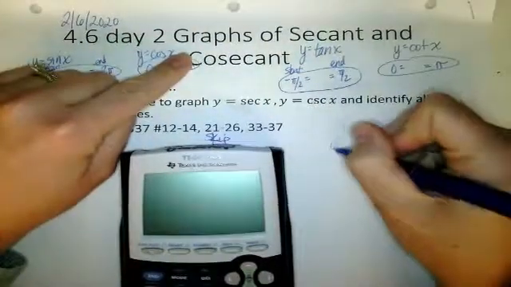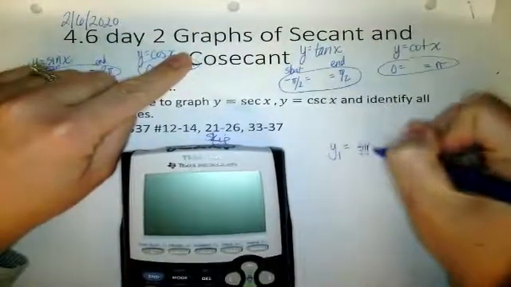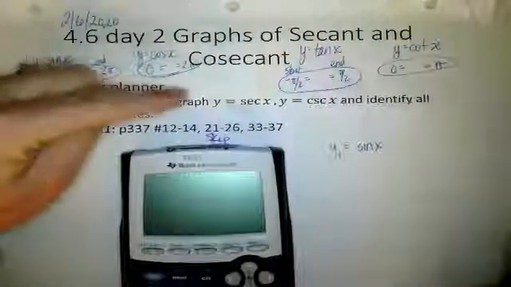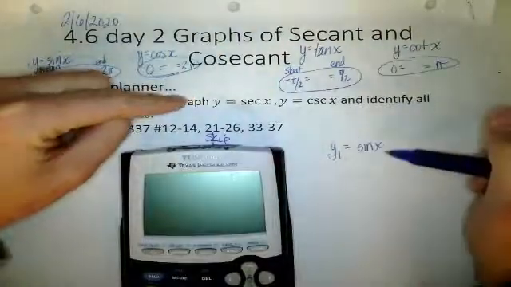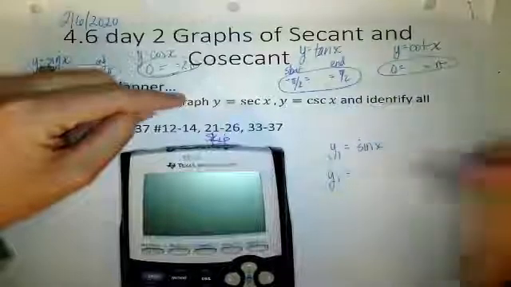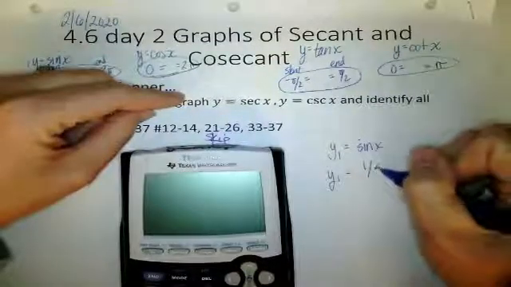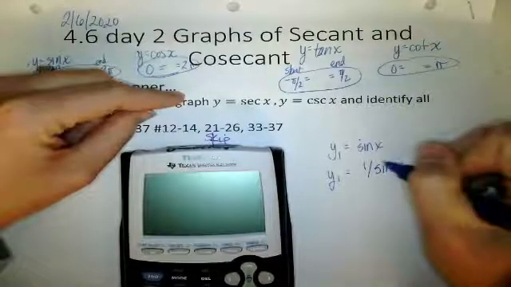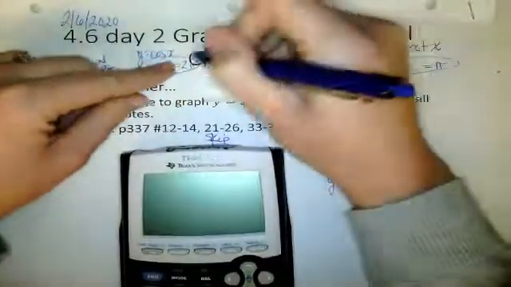I want to show you, I don't have cosecant in my calculator. So how do I type in cosecant? 1 over sine of x.